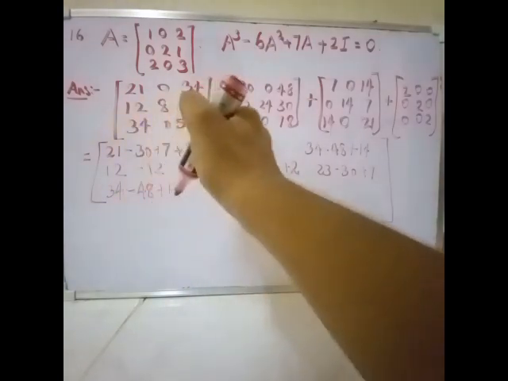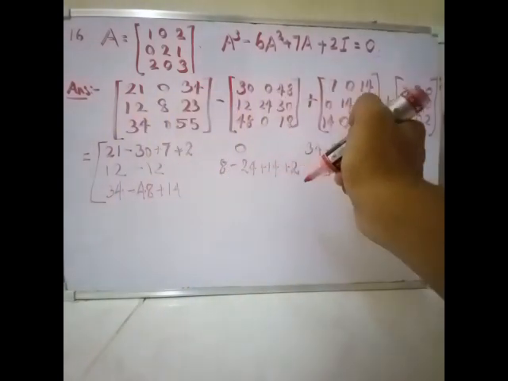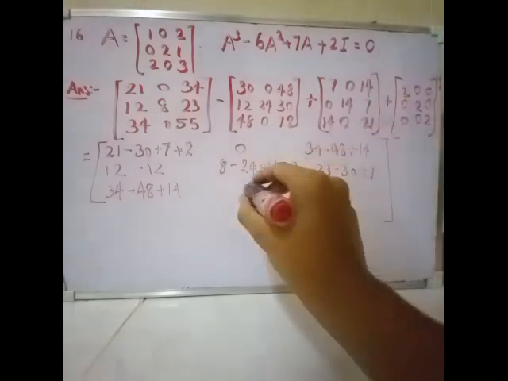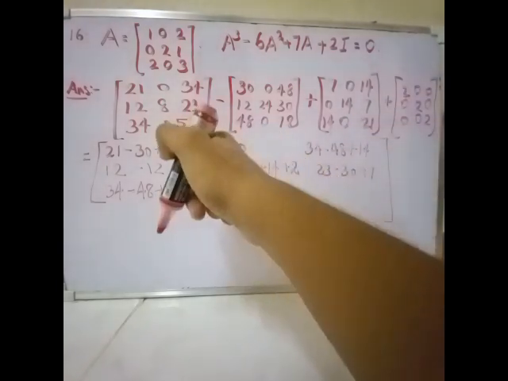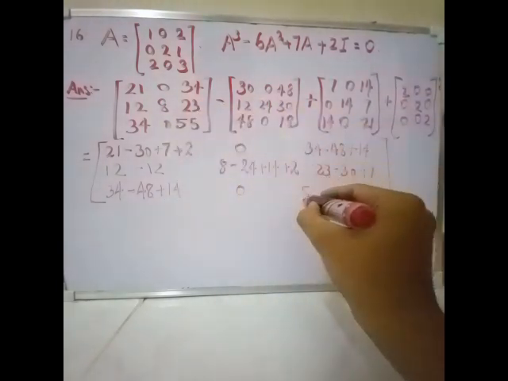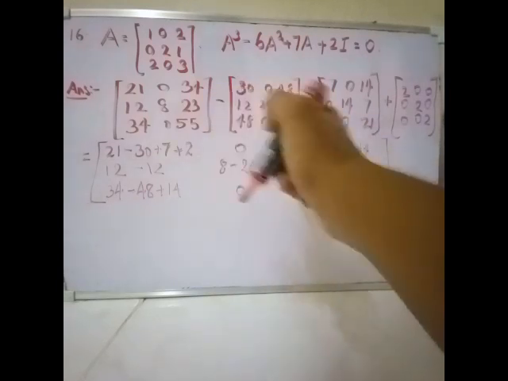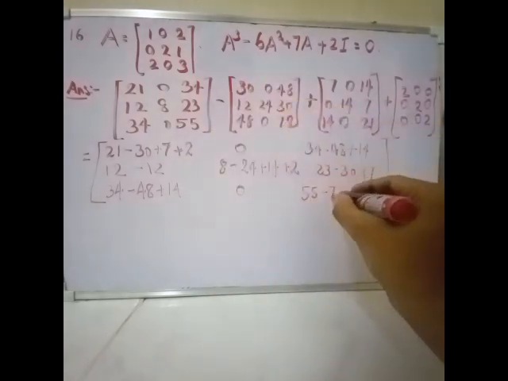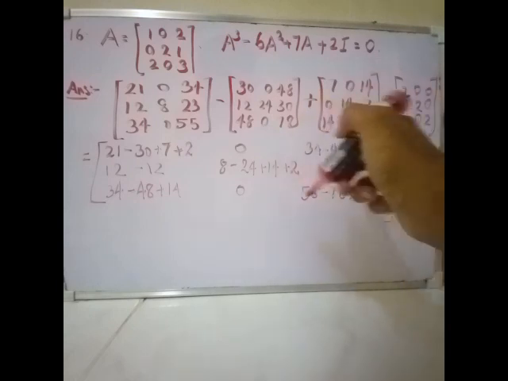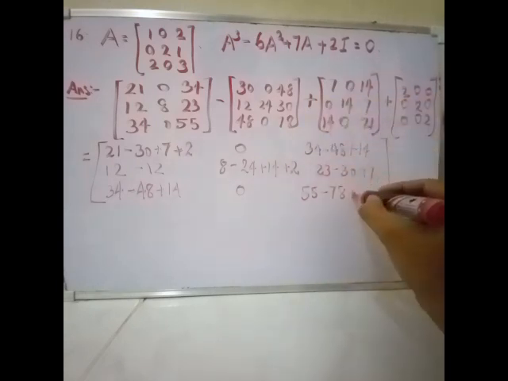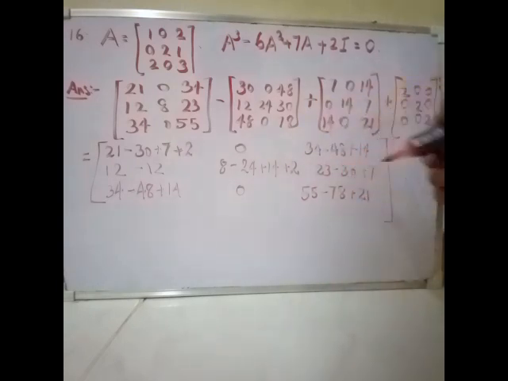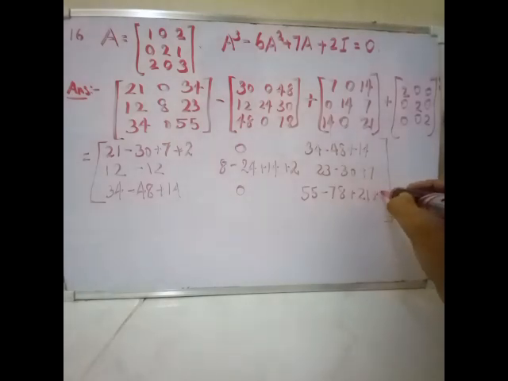Next 0 minus 0 plus 0 and plus 0, so everything would be 0. And finally last one, 55 minus 78 plus 21 and plus 2, right?